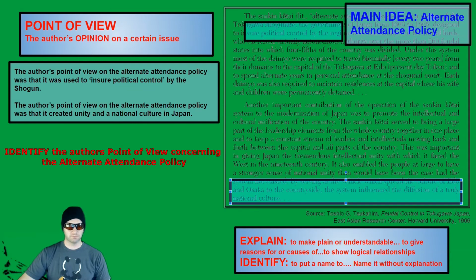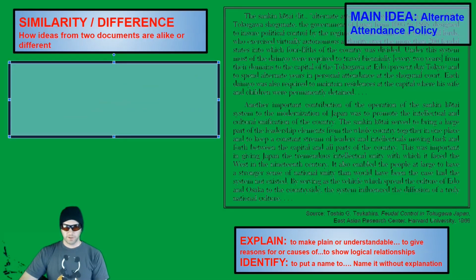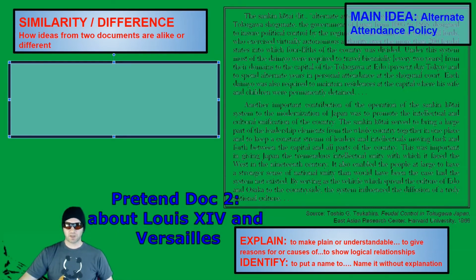So there you go. So for a similarity and difference question, we always have another document, Doc 1 and Doc 2. So when we only have one here, we tend to use a pretend document, right? Similarity and difference, how ideas from two documents are alike or different. So here's our document 1 about the alternate attendance. And let's pretend that we have a document that just talks about, in France, the nobles having to live with Louis XIV.